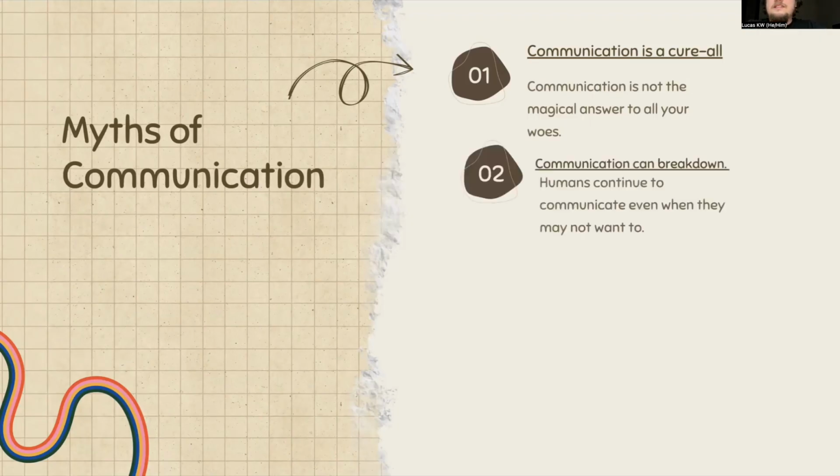Another myth is that communication can't break down. The idea here is that we believe that as humans, communication can never be misunderstood. It can never break down. And that is a myth. As we have all experienced, humans continue to communicate even when they may not want to.